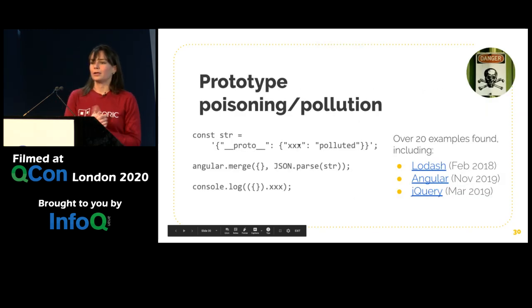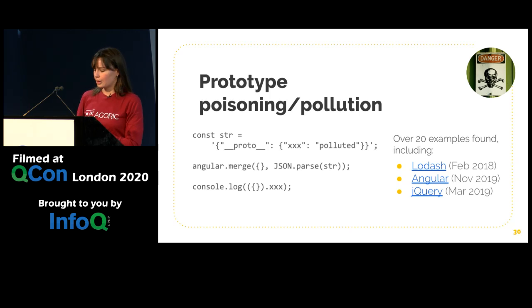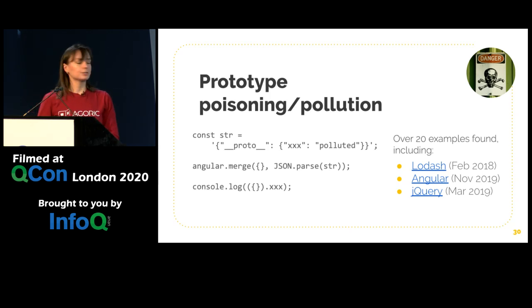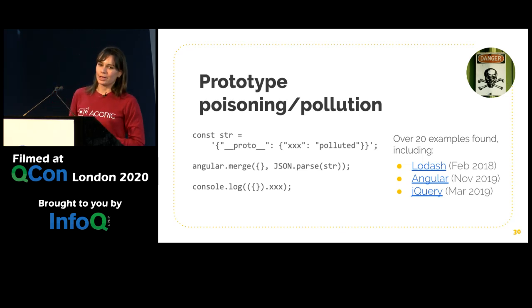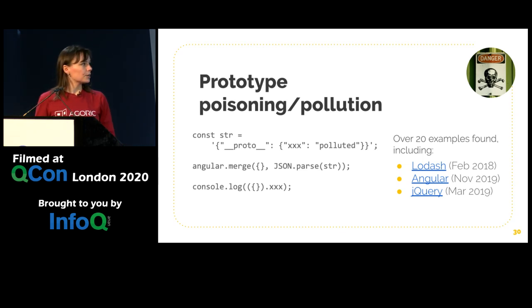But we still have a problem, and that problem is known as prototype poisoning or prototype pollution. This has been a recent scourge. There have been, I think, at least 20 vulnerabilities found in 2019, including ones in Lodash, Angular, and jQuery. There is an Angular example here on the slide.